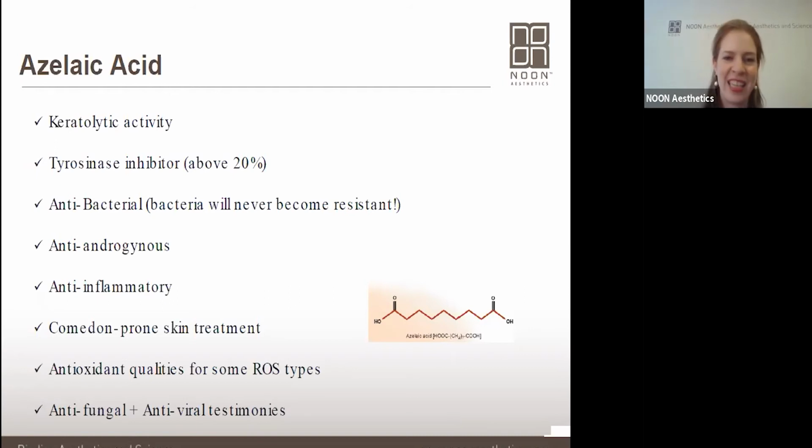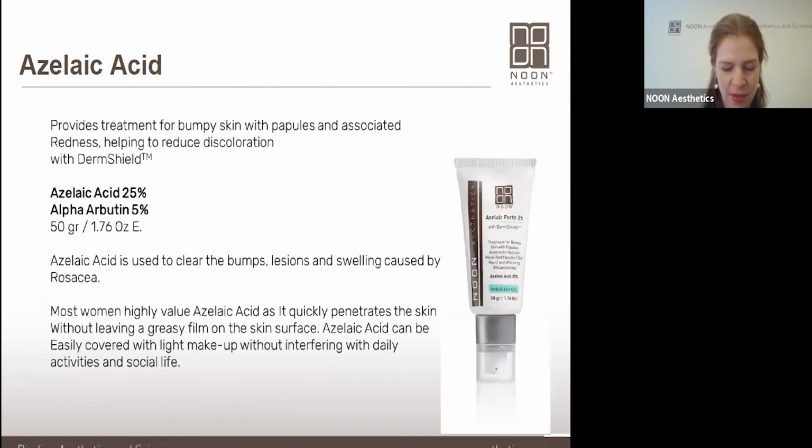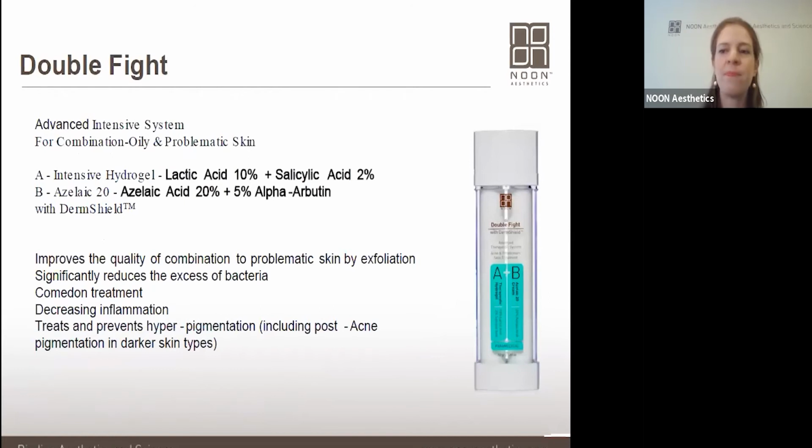So this is about the azelaic. We can see the azelaic acid in 2 products in different concentrations, and I'll show you now where. First, we can see it in the double fight. The double fight is actually one product that combines two products in it.